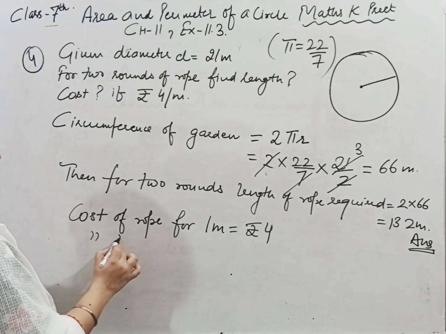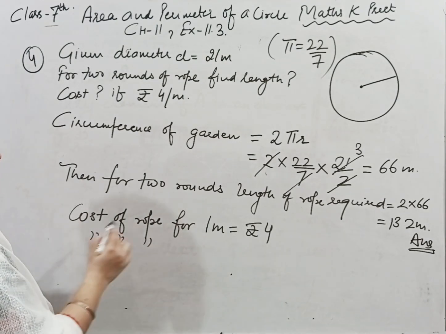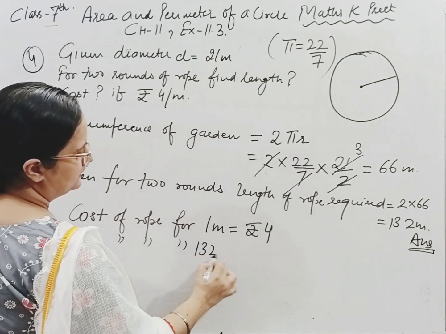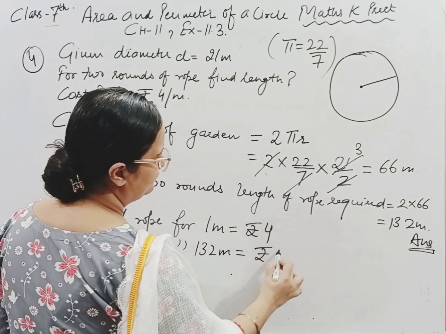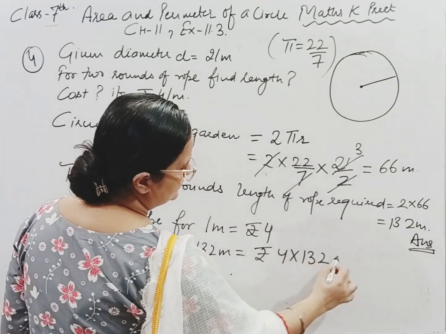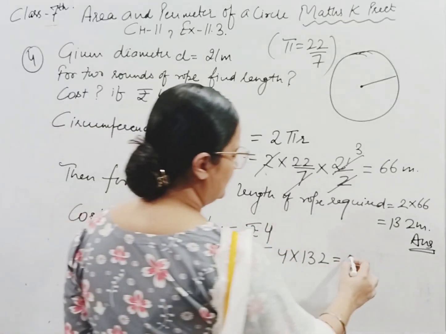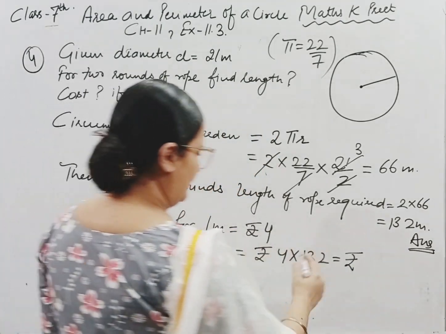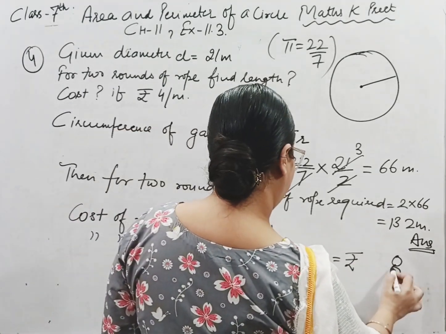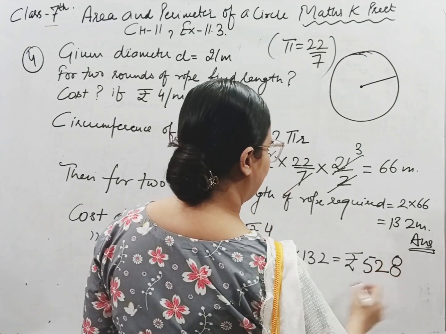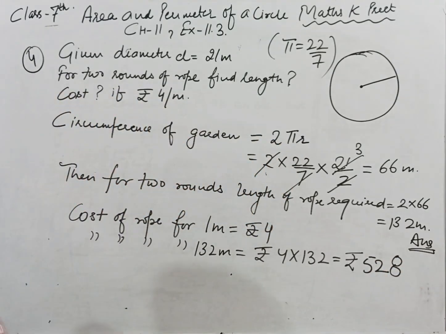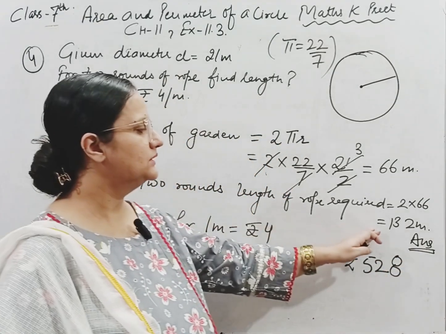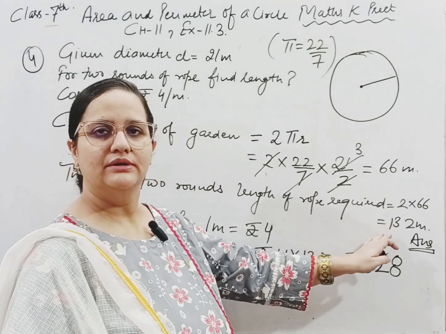So to calculate its cost, we will do cost of rope for 132 meters. So we will multiply this 4 with total meters to get the total cost of the rope. So I'll get 528 rupees is the cost for the total length of the rope required.